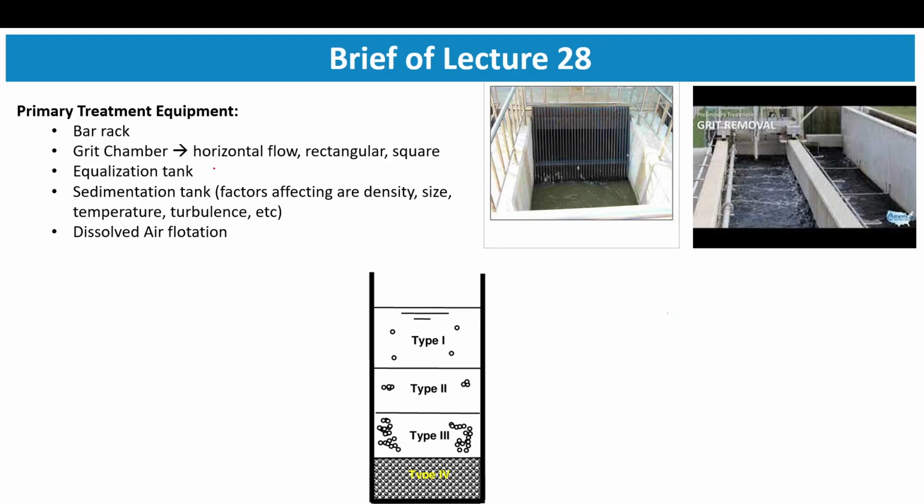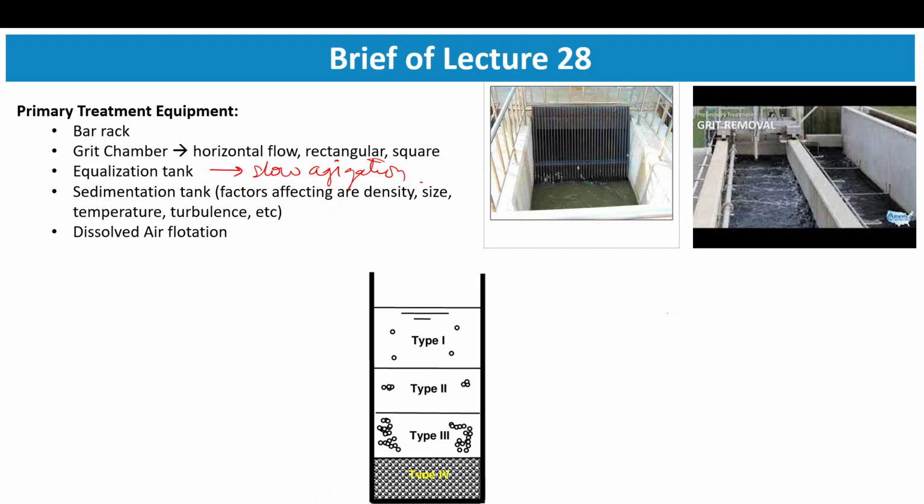To minimize this, we have an equalization tank where all the feed streams of water coming in are given slow agitation. By providing slow agitation, we are mixing all the types of wastewater so that the pH, pollutant concentration, and flow rate are uniformly maintained.